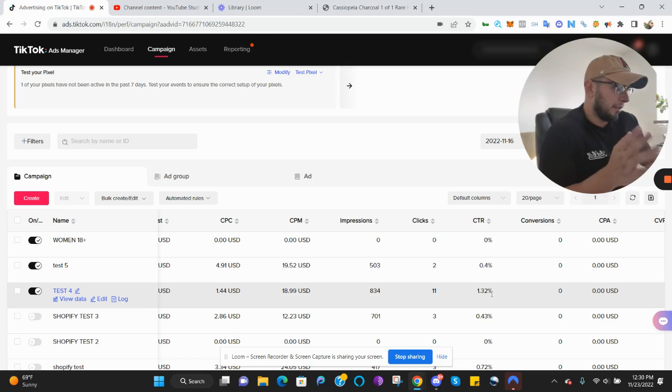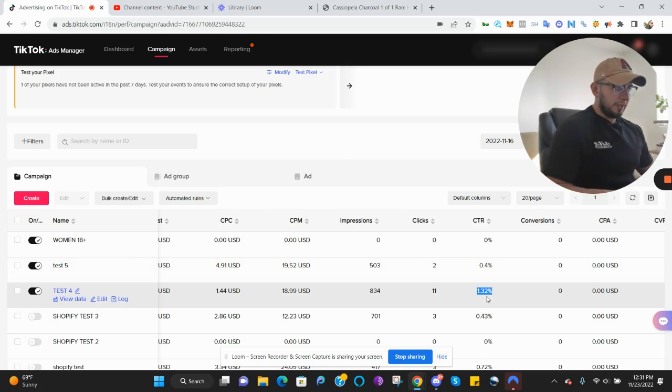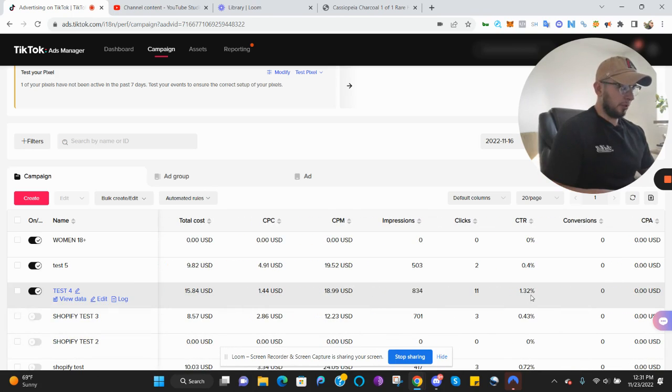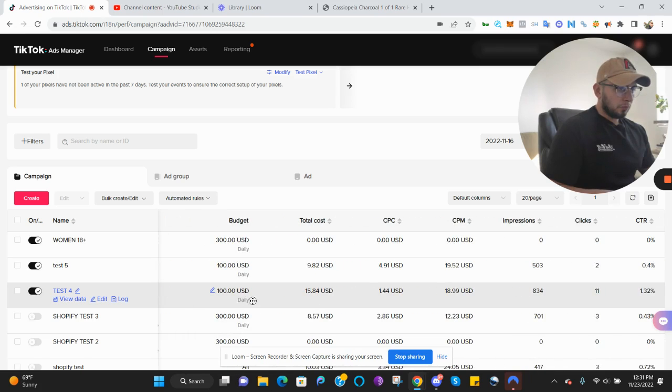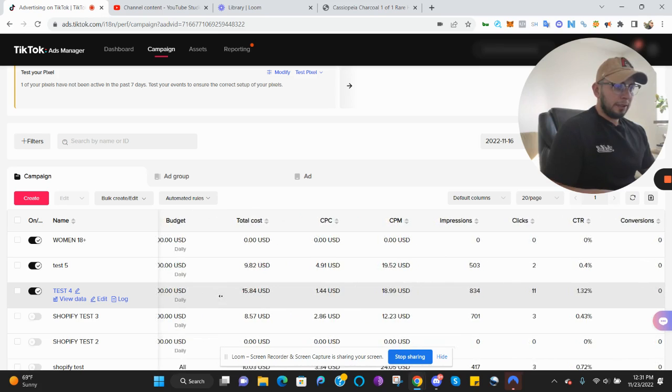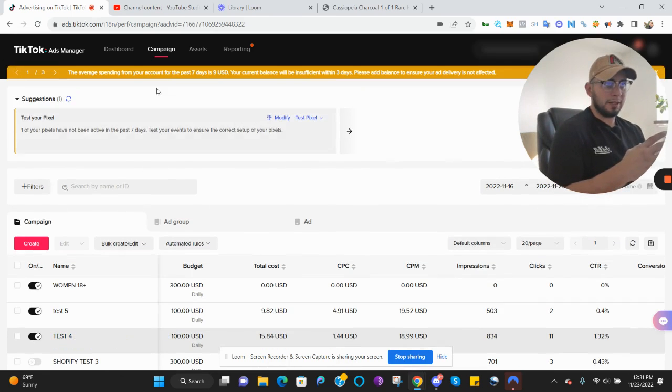One of the most important factors here is supposed to be above 2%. I'm not there yet. I'm tweaking. I'm finding out what budget's best. One way that I found that's working, and that's what got me closer to the 2% here, is that on my campaign I have a high amount as the daily budget, but when it comes down to the actual ad, let me show you what I'm talking about.